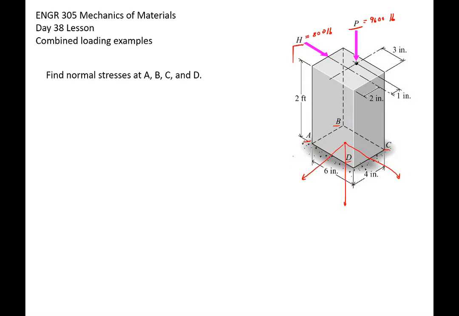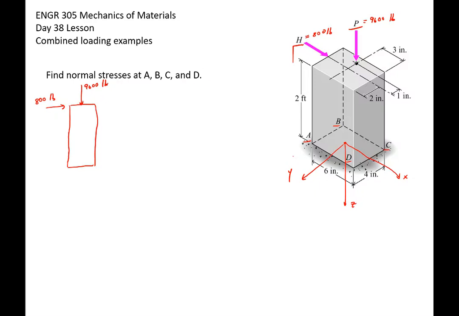So I'm going to call this the x-axis, this is the y-axis, and this is the z. Right? So the first free body diagram I'm going to draw is going to be like this, such that we can see the H, 800 pounds, over here and the P, 9,600 pounds, axially.